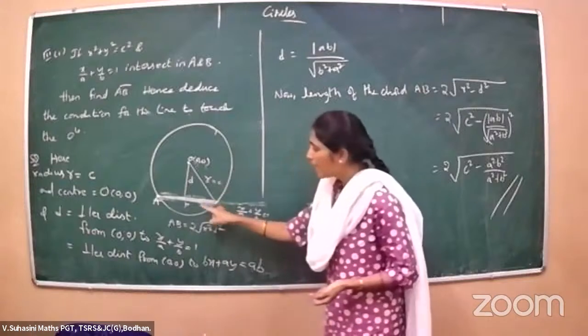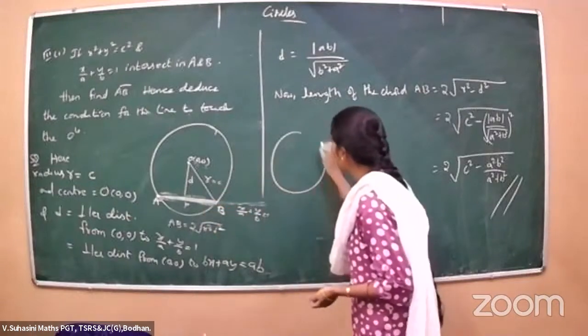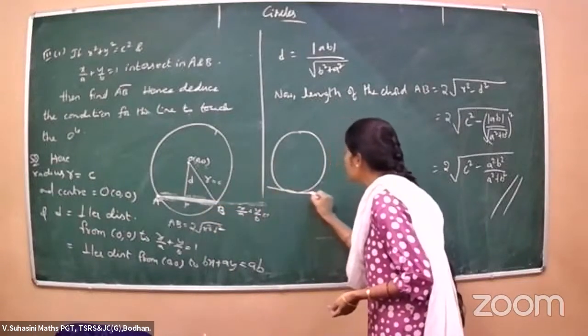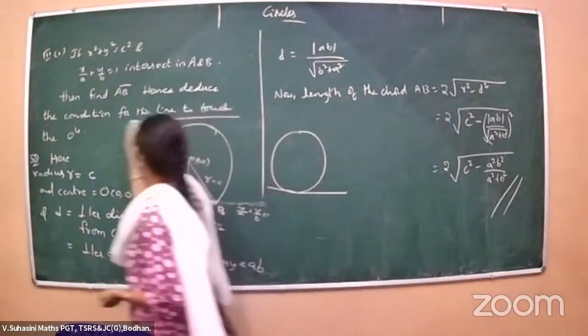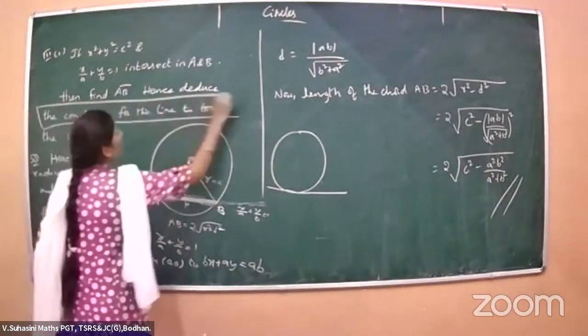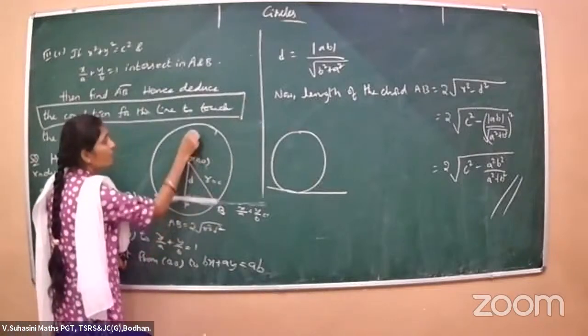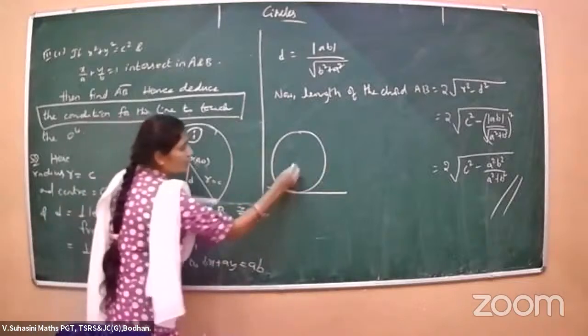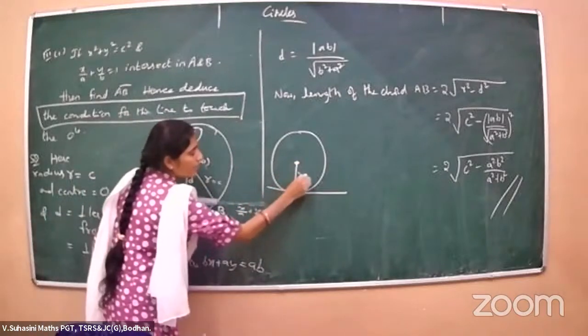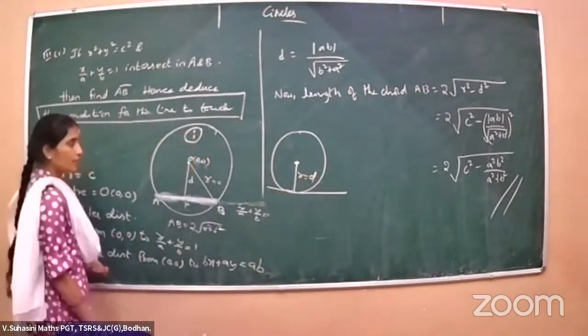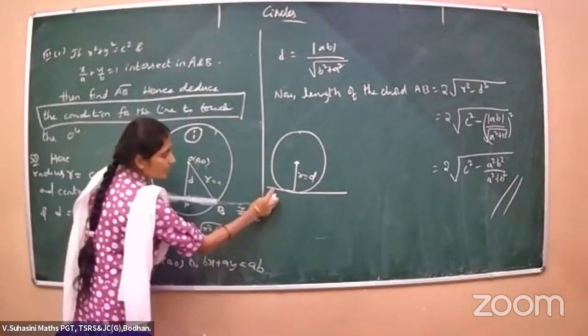Okay, this length. And when does this line touch the circle? It is the second question: hence, deduce the condition that the line touches the circle. This is the third case. When it will become the tangent, what is the condition, children? r is equal to d. When r is equal to d, this line touches the circle.